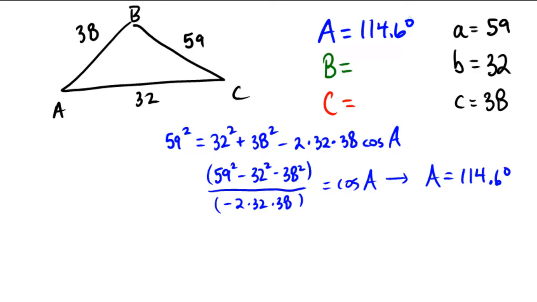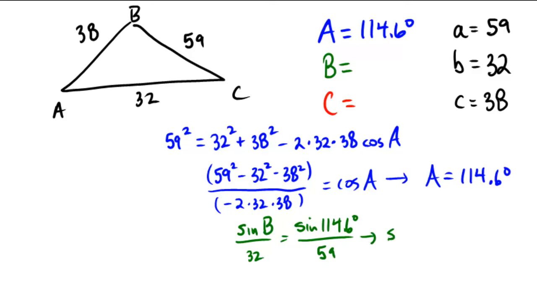Okay, next we need to get one of the other angles. This time we're going to use the law of sines. So I'll go for the shortest side to the smallest angle. We'll go for B. For B, we would need sine of B over side B equals sine of angle A, which we just found, 114.6, over side A, which is 59.